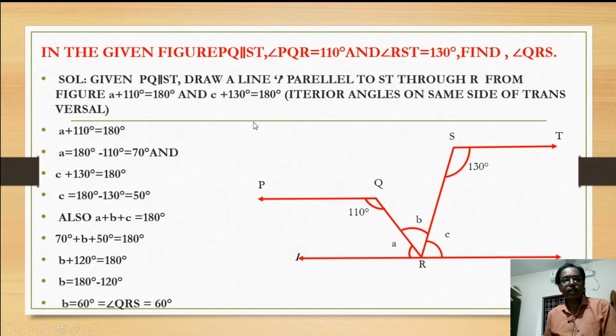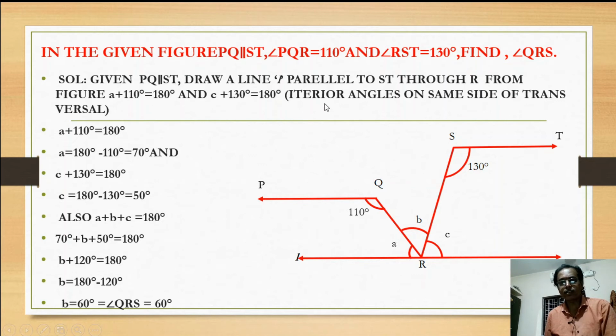In this figure we have PQ is parallel to ST and L is a line drawn parallel to ST through R, and from the figure we can write, A plus 110 is equal to 180. Because PQ is parallel to this line L and A and 110 are the interior angles on the same side of the transversal. So the sum of these two angles is 180.